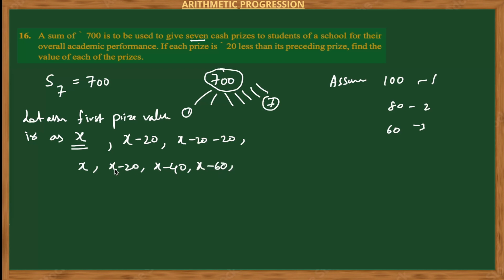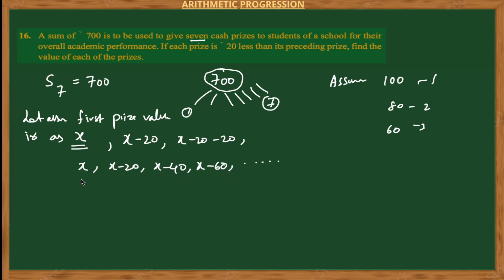Why am I putting it like this? The term always will be 20 less than its preceding term. x was there, then x minus 20, then minus 20 again. Like this it is going to form the sequence.